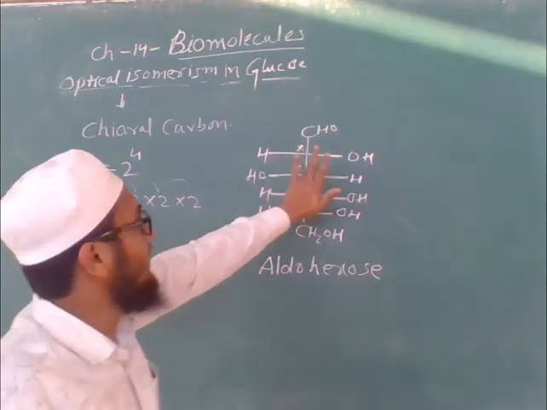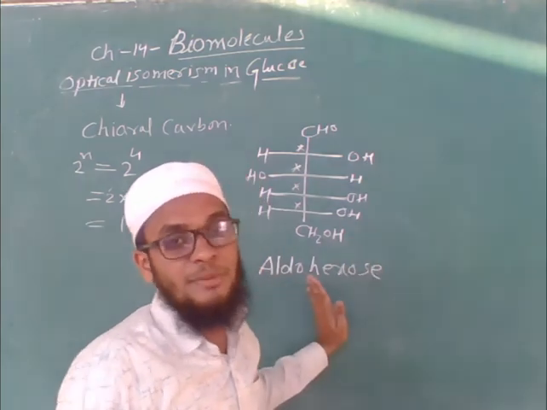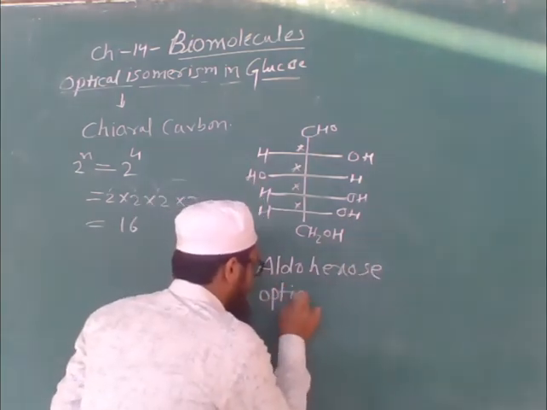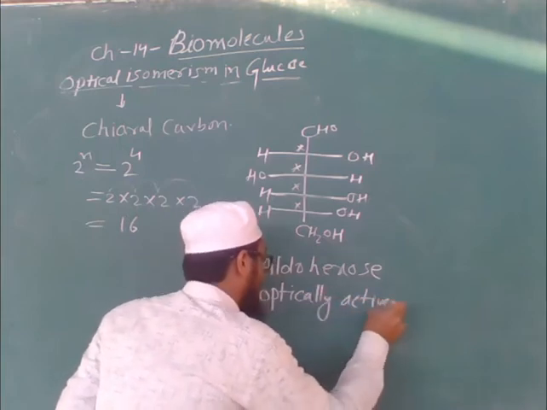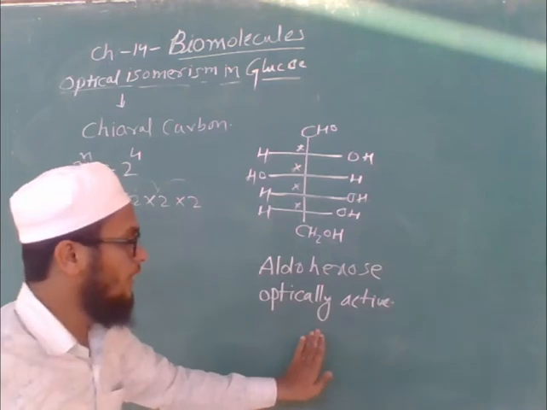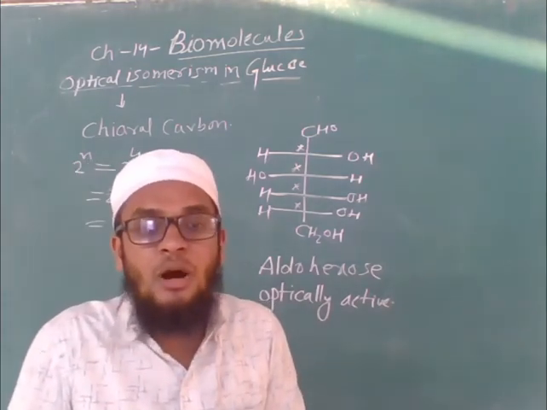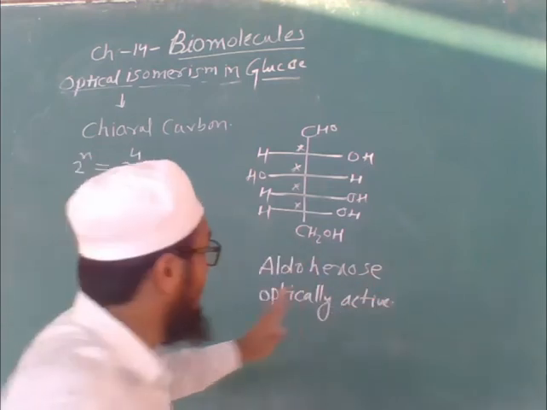Chiral carbon has the property to rotate plane polarized light, meaning this glucose is optically active. First, it is optically active. Next, if it is optically active, definitely it will show optical isomerism. Meaning if you draw its mirror image, what will I get?